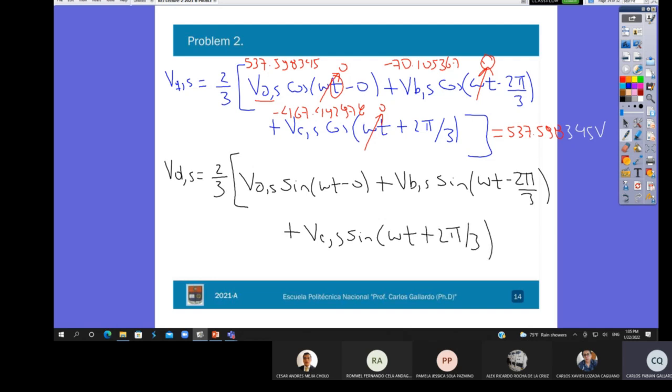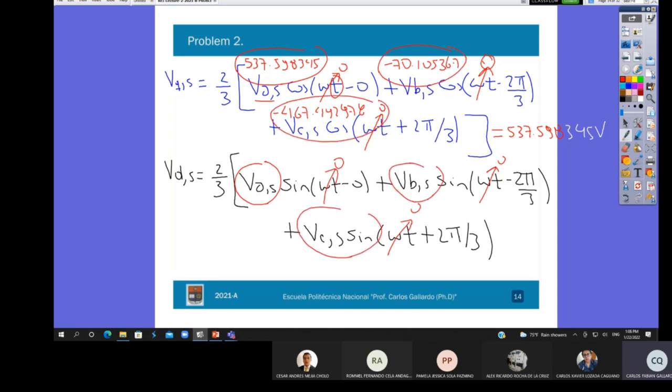Because I am analyzing the steady state condition, this t is equal to 0, because this term is 0. Therefore, this term is 0 and this term is 0. This value is this voltage, this value is this voltage, and this value is this voltage.